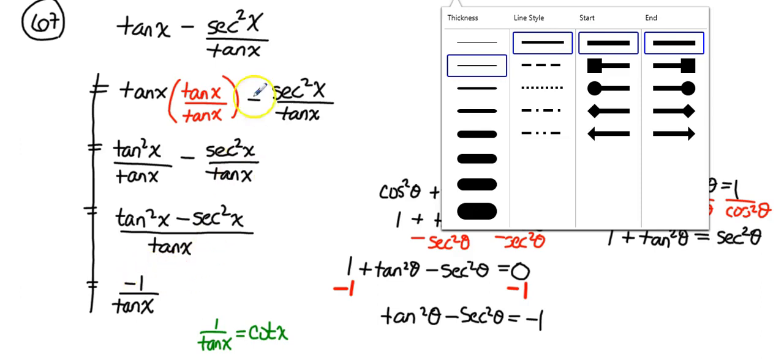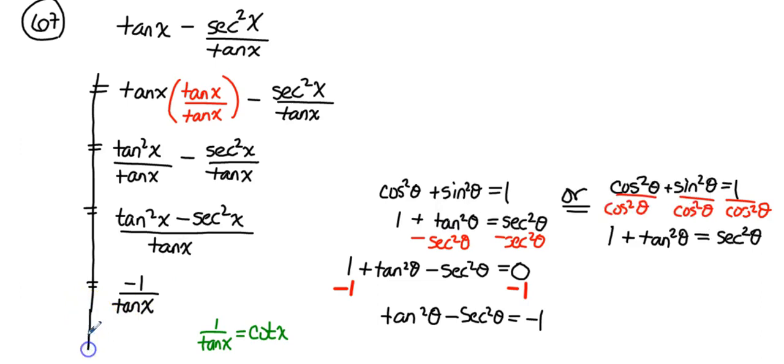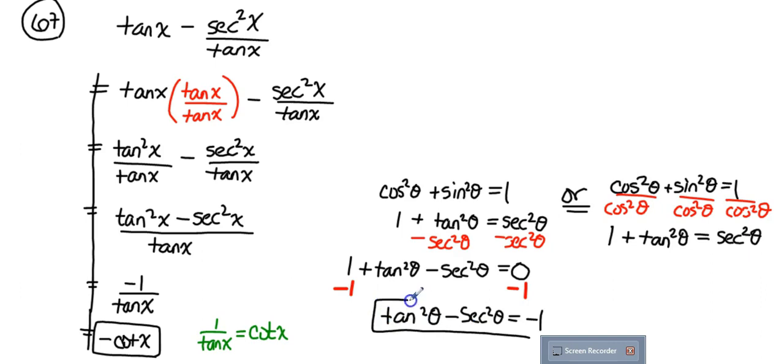My bad. Looking at a different example. Okay, I'm in good shape. All right. So this equals negative cotangent of x. And I'm done. So this is the identity that was key for us.